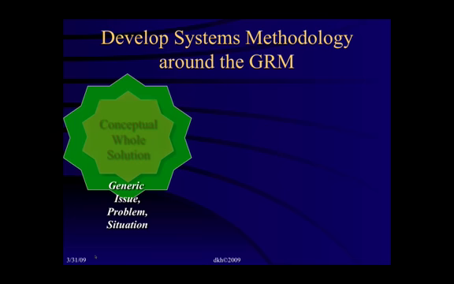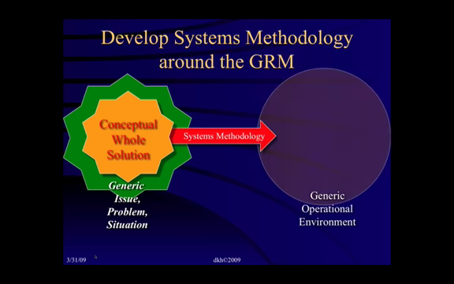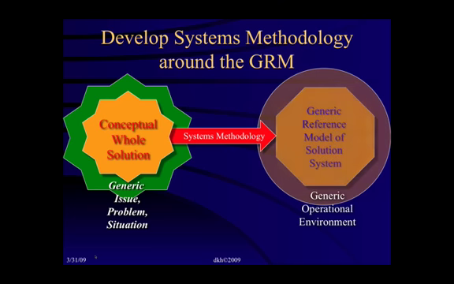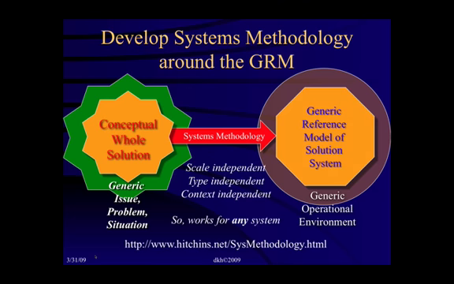There's a generic issue, and from that we can produce a generic conceptual whole solution, and then we produce the systems methodology to work on this generic problem, and from it we can produce a generic reference model of the solution system. Because this is all generic, because we haven't done anything to anything particular, what we've worked out is a method which is scale independent, type independent, and context independent, so works for any system.